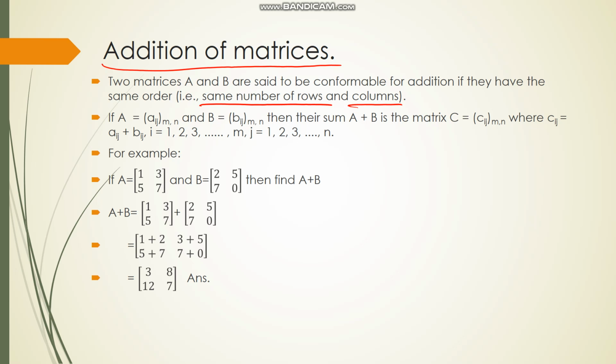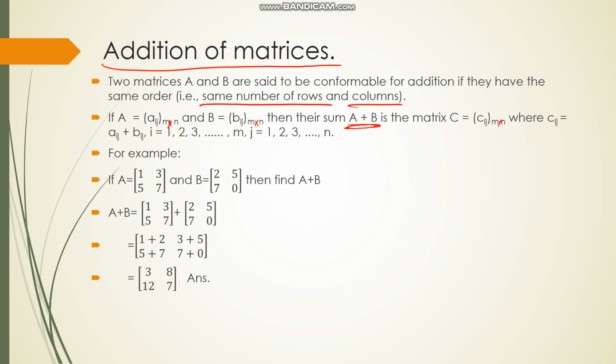If A equals Aij of order m cross n and B equals Bij of order m cross n, then their sum A plus B is the matrix C equals Cij of order m cross n, meaning the order of A and B should be the same for adding both the matrices.